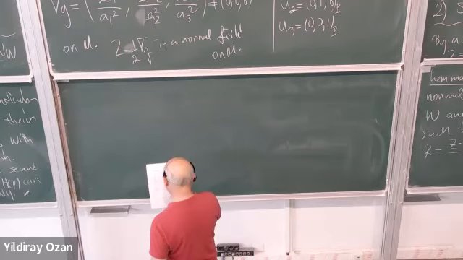Z is this expression. Z is this expression. What is the covariant derivative of this? It will be just the covariant derivative of functions xi divided by ai squared times ui, right?